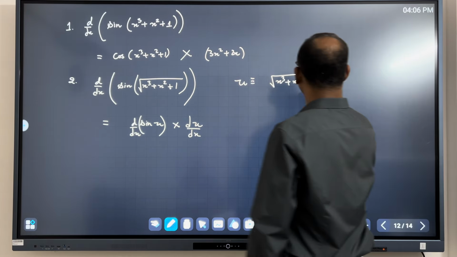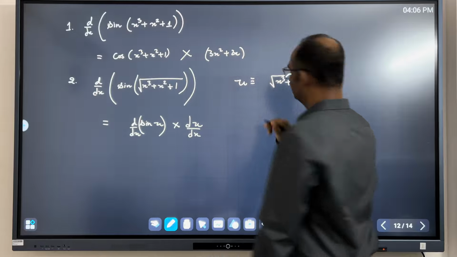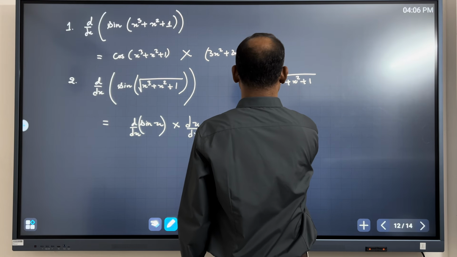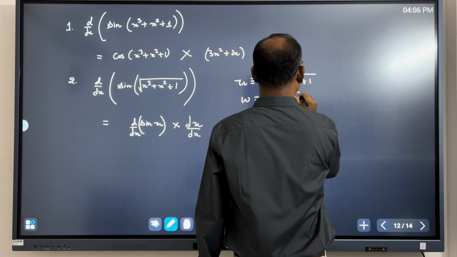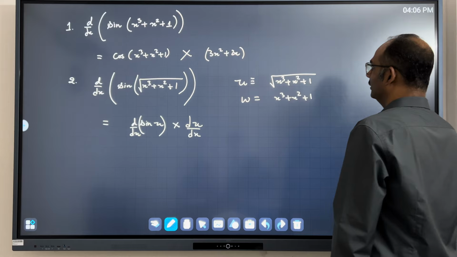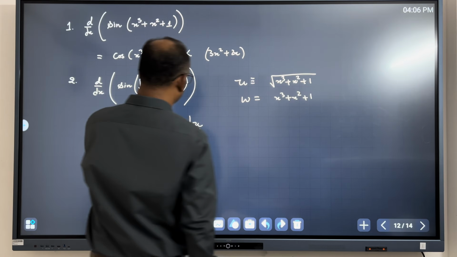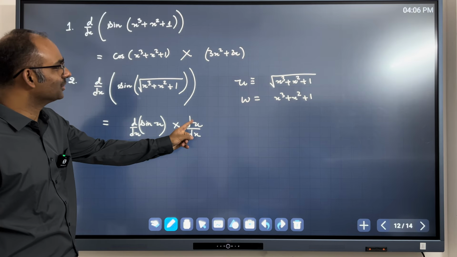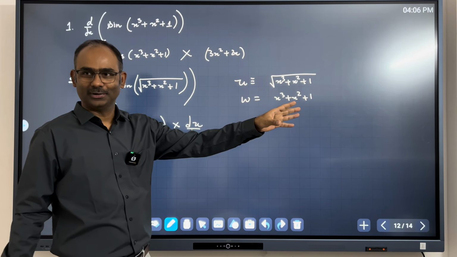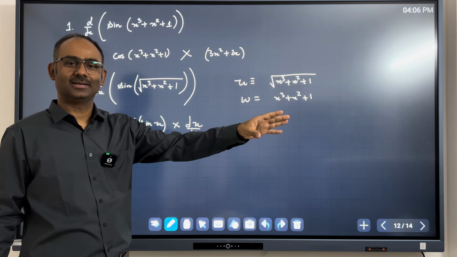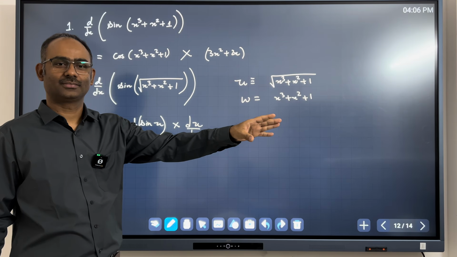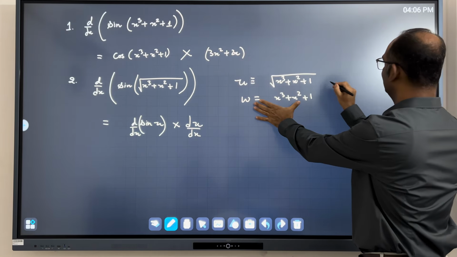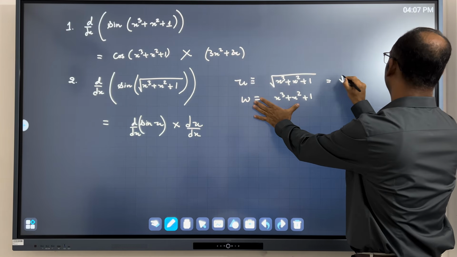So let's call x cube plus x square plus 1 as w. So define w equal to x cube plus x square plus 1. So you have now the derivative of u with respect to x. But what is u? u is the square root of w. Pay attention here. So u is, using this definition of w, square root of w.